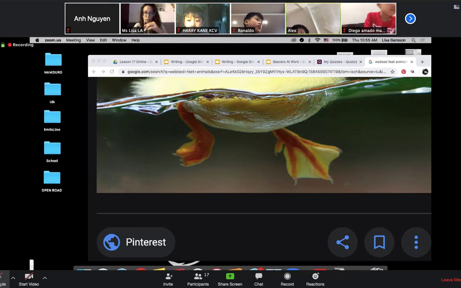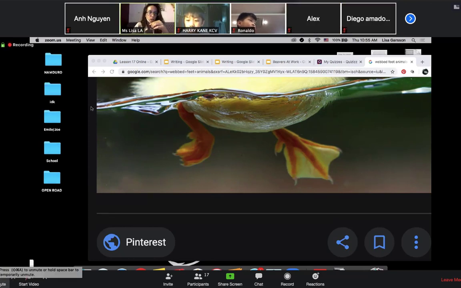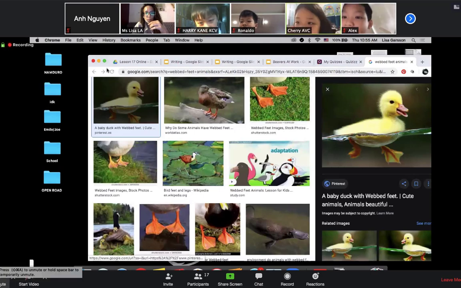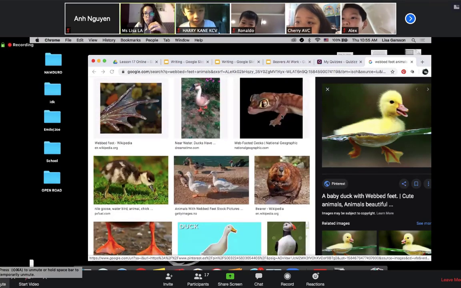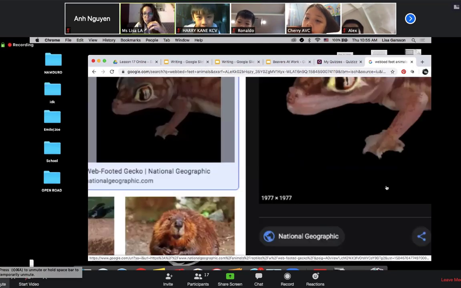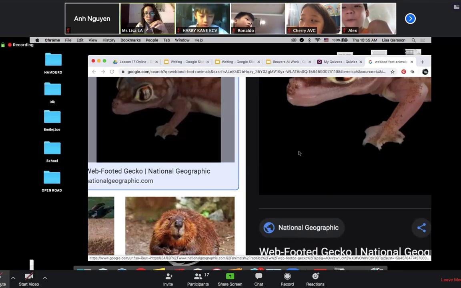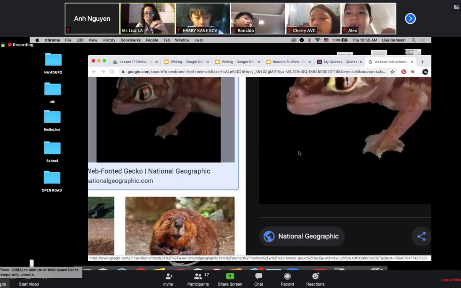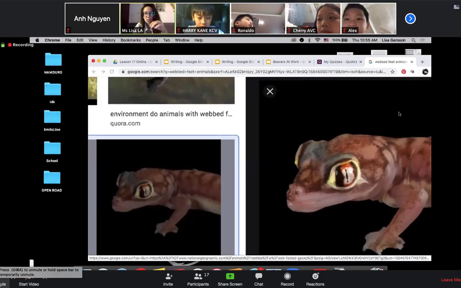Yes. Okay, what other animals do we know? Cherry, what's another animal with webbed feet? Goose. Geese also have webbed feet for swimming, right? What else? Look at this little guy. Aisha, what other animals have webbed feet? Ducks? Yeah, we already said ducks. Who's this?